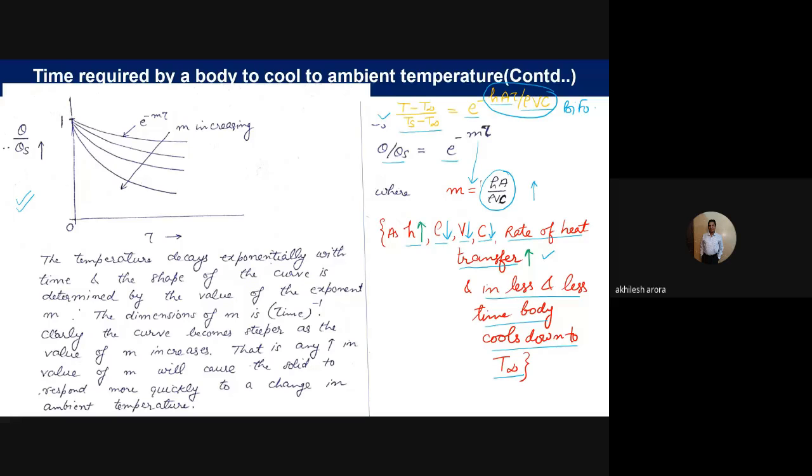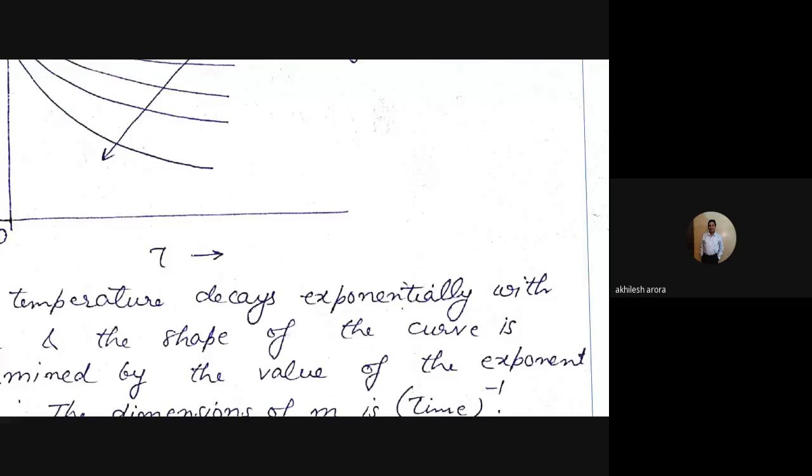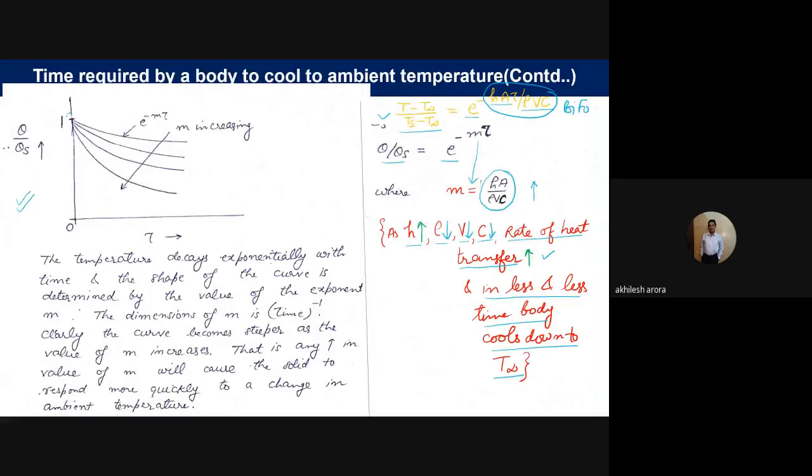So what is shown here initially, you can see the graph. The graph is starting from this particular point, and here the value of theta by theta s is equal to 1. Means we are talking about the value T minus T infinity is equal to Ti minus T infinity.